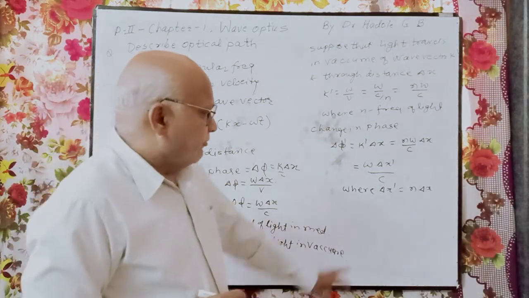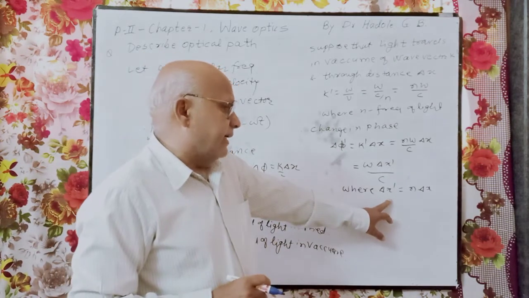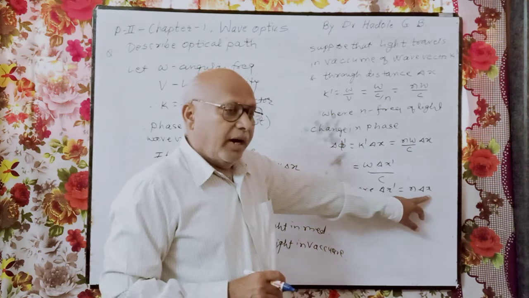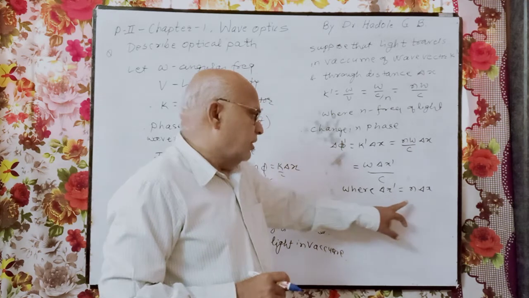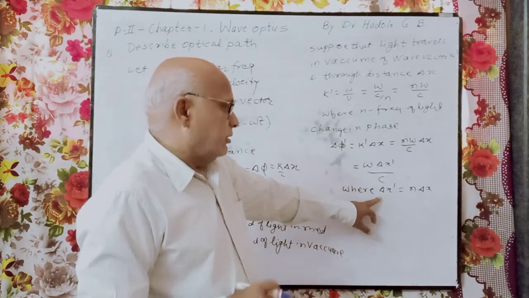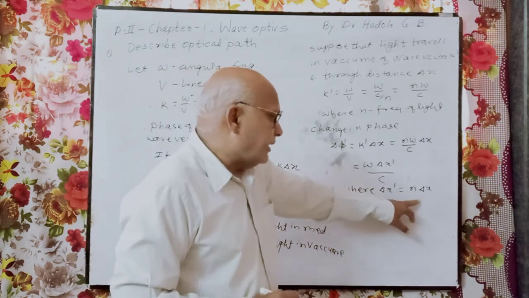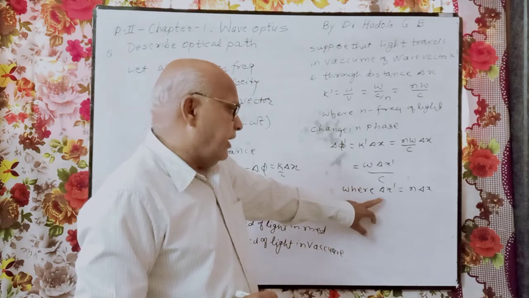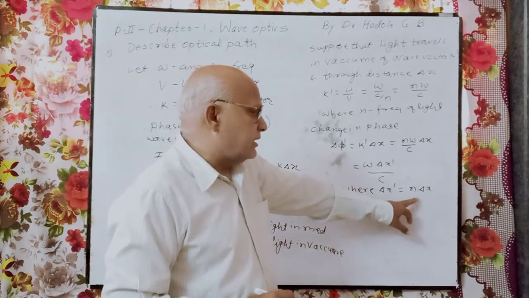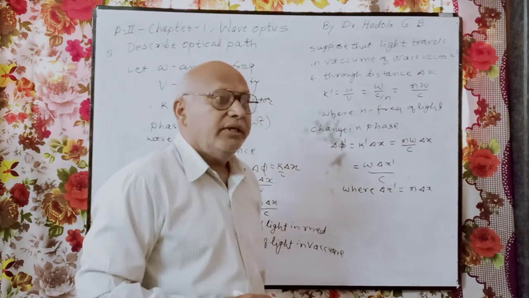See here, from this relation we can say that the path length in the medium and the path length in the vacuum are related with this equation. That is, path length in the vacuum is n times path length in medium.